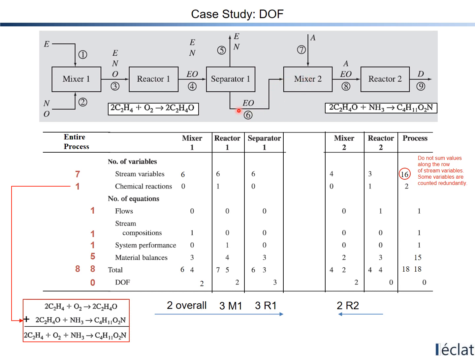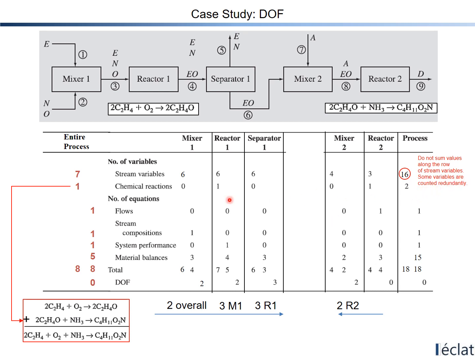At the same time, it is the output stream from separator 1. So when you sum those values along the stream variable row, you will count some variables redundantly. So in that case, you should count the variables from the picture directly: 1, 2, 3, up to 16. Do not sum values along the row of stream variables, because some variables are counted redundantly.